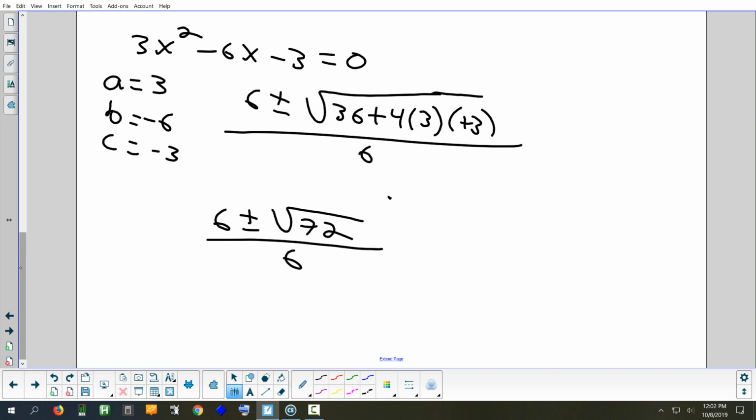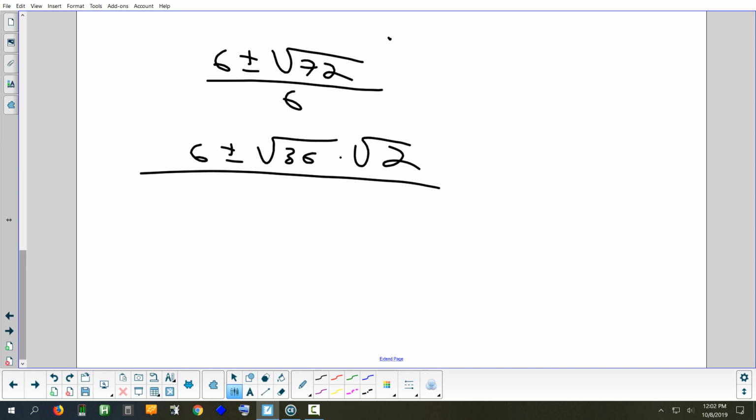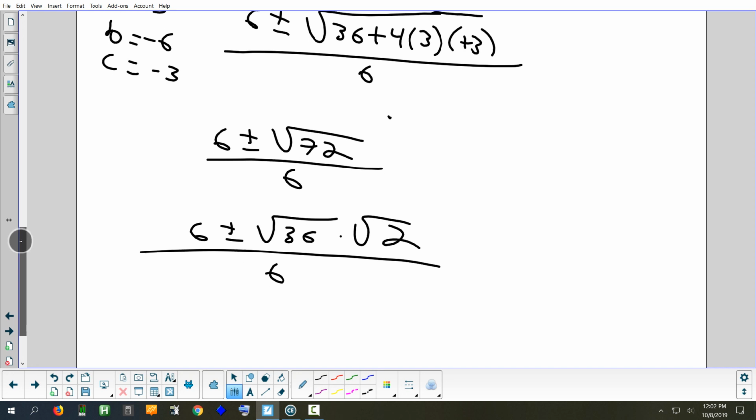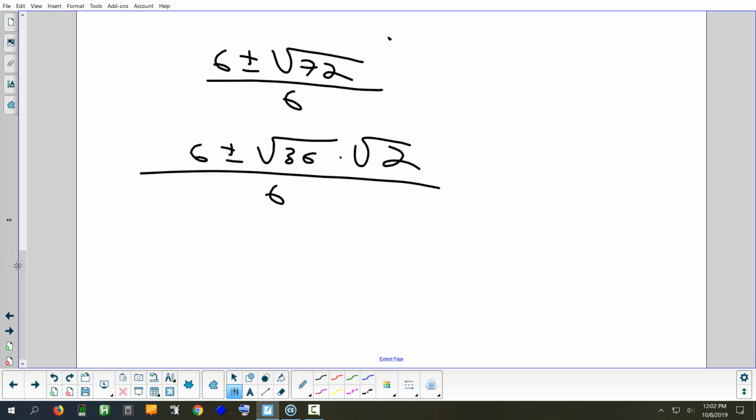And you know what? It's actually better to think of it as 36 plus 36, because then you could think of it this way. 36 plus 36 means it's times 2. So what's the square root of 72 simplify to? 6 times square root of 2.